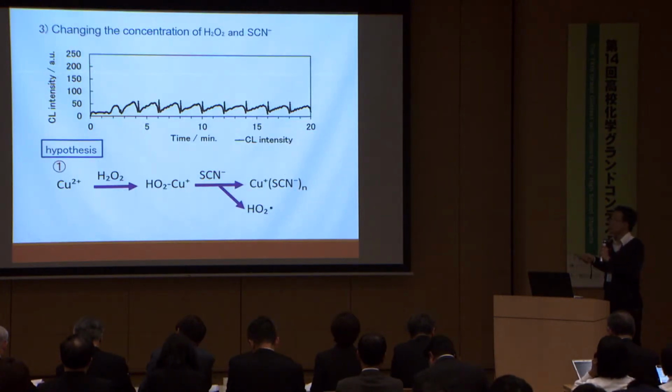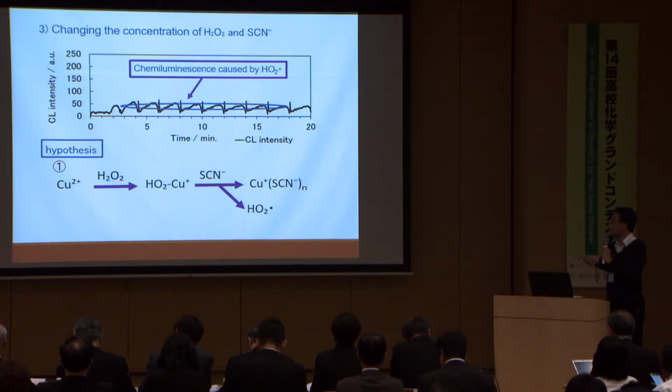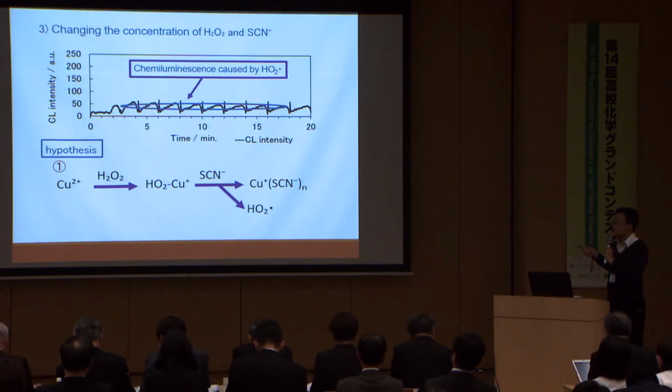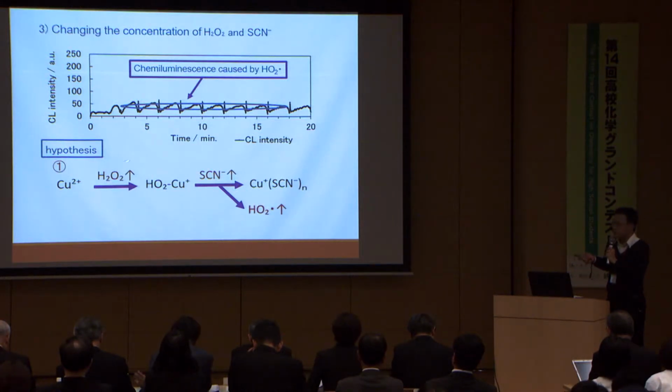And we also tried changing the concentration of H2O2 and SCN negative ion. If this gradual increase is caused by the generation of HO2 radical, then if we increase the concentration of these two substances, the generation of this radical will also increase.